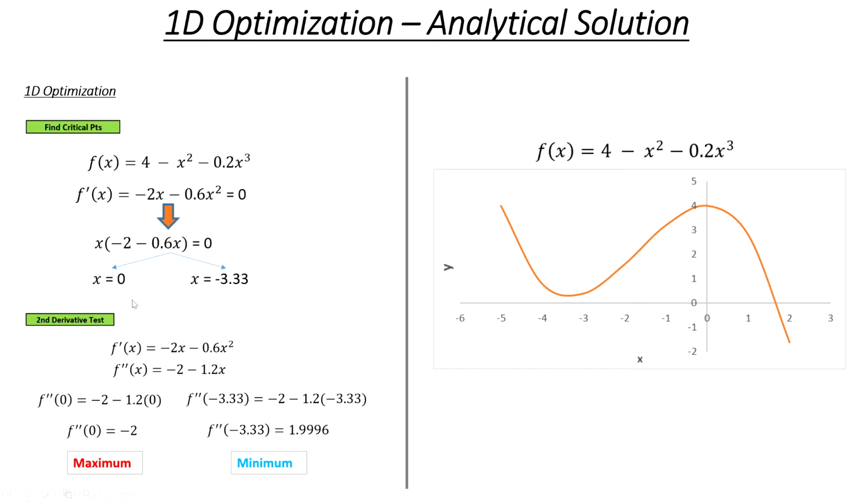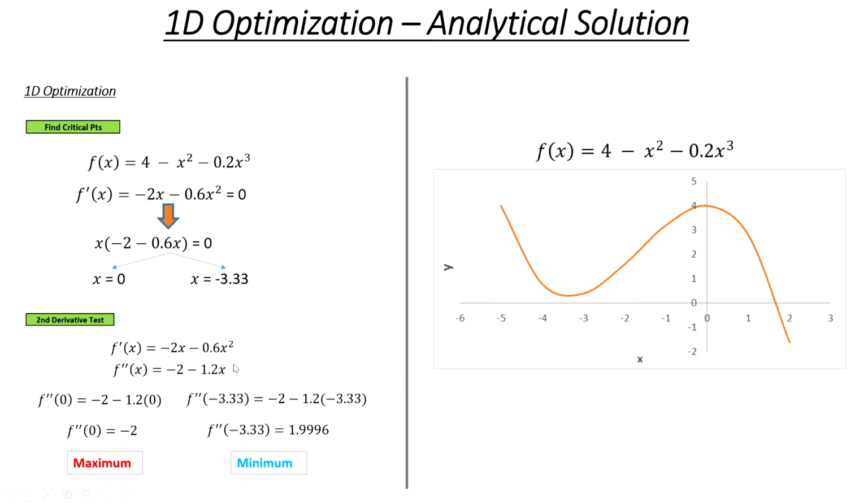Basically we're going to get the second derivative at 0 and the second derivative at negative 3.33. Given I have the first derivative here, negative 2x minus 0.6x squared, we're going to take the derivative of that, and that's going to be negative 2 minus 1.2x.